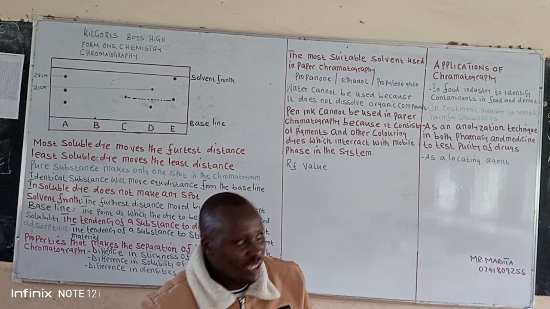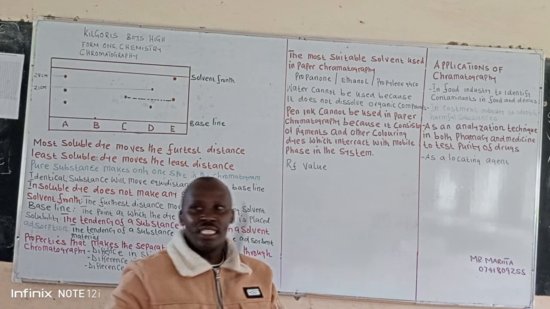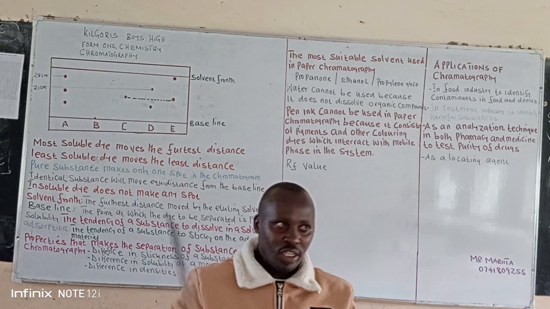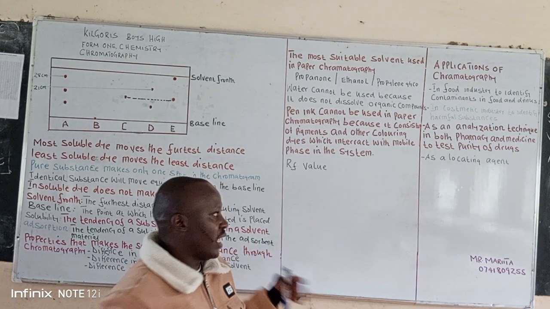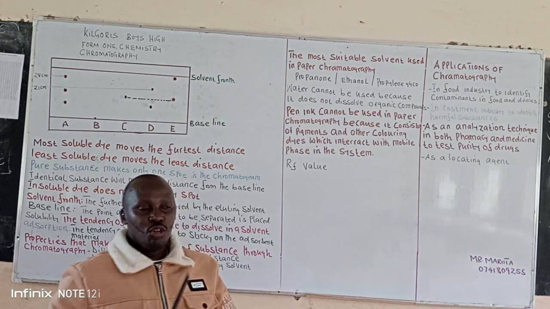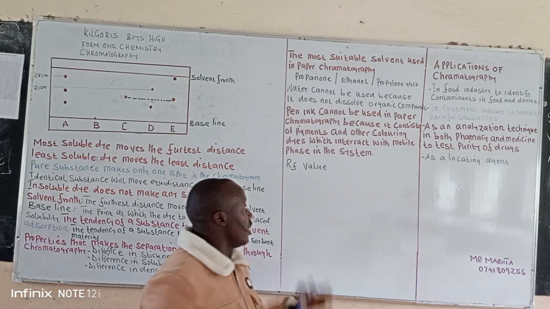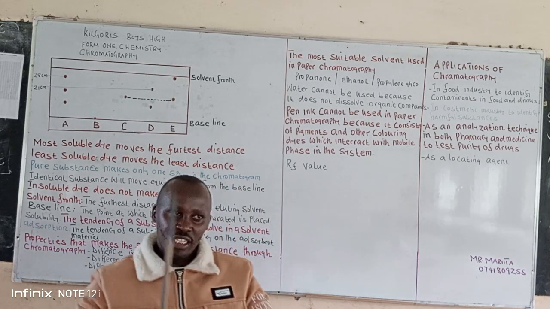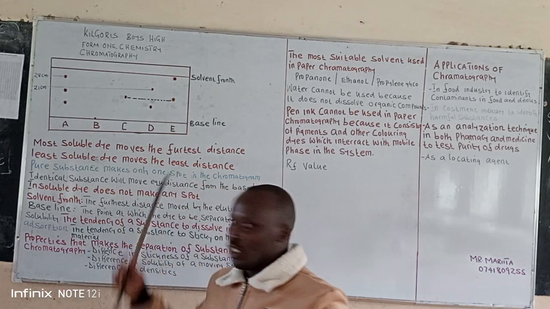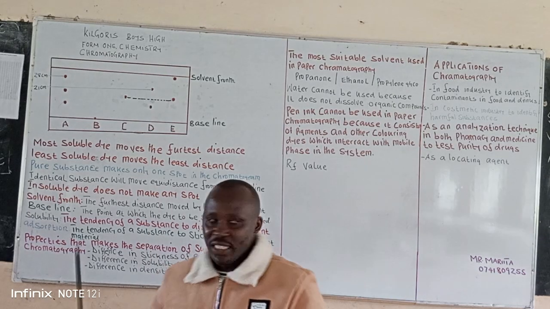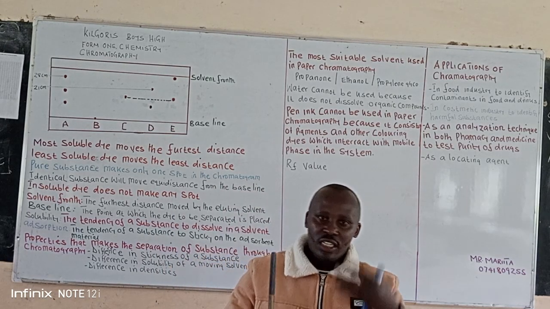Now, what are the properties that make this separation in chromatography possible? Sometimes in an exam you will be asked to state the properties that make it possible for the separation to take place. For the separation to take place in this chromatography, the substances must have different solubility.